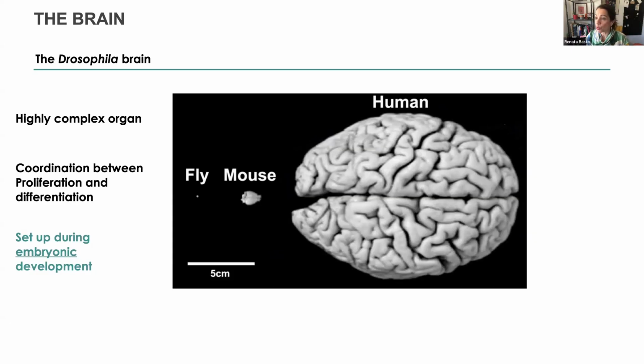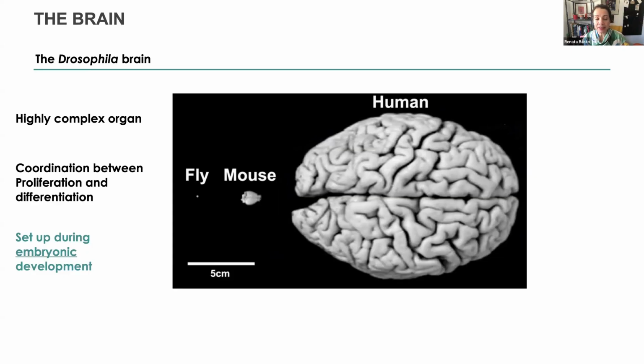And the fly brain, which we'll also work on, is also complex, I would say, and it's basically ruled by the same type of principles, but I'm not going to be talking about fly brain development today.